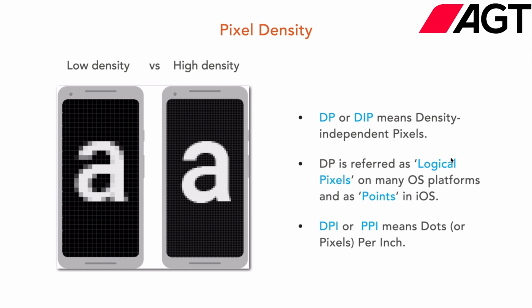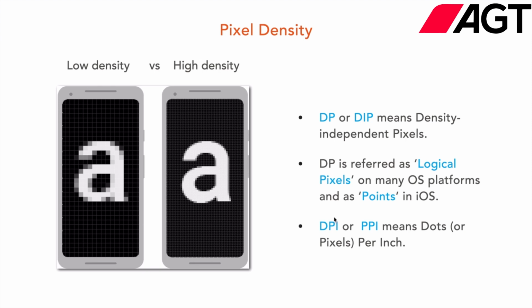For example, on web you would call it logical pixels, on iOS it is called points, and on Android it is called dp. The actual pixel size is much smaller, and you are tightly packing them and calling it one logical unit which may contain more than one pixel.